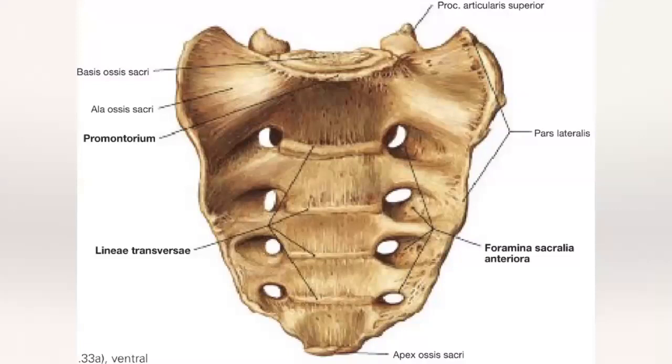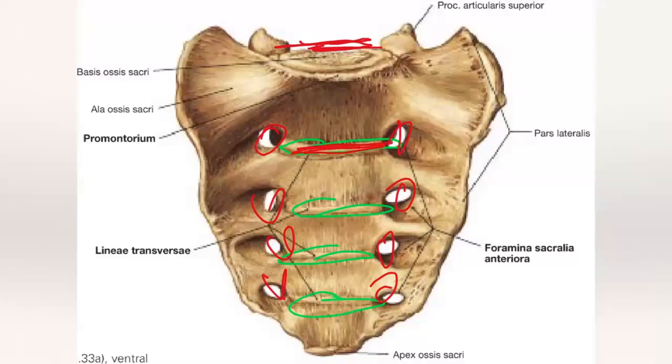You see, these are the ridges, right? And these are the sacral foramina. Okay, four pairs, and they open into the sacral canal that lies there. These are the fused vertebral bodies of S2 to S4, right?